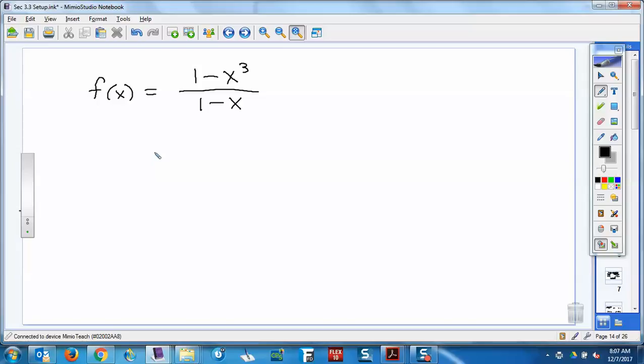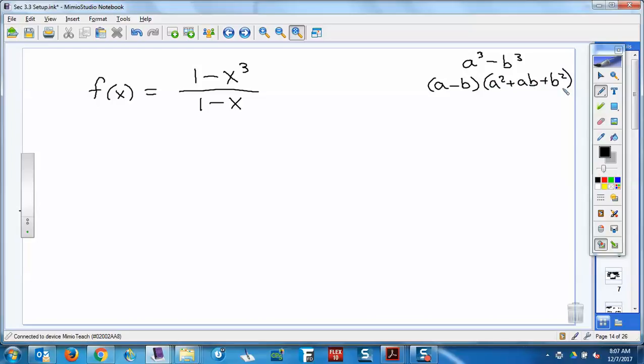Well, to simplify that, you would have to go back to Algebra 2 class and remember the difference of cubes factoring pattern. I don't expect you to memorize that, okay? You may have done it in Algebra 2, I don't know. But a cubed, because that's what you have on top here. A cubed minus b cubed is a minus b times a squared plus ab plus b squared.